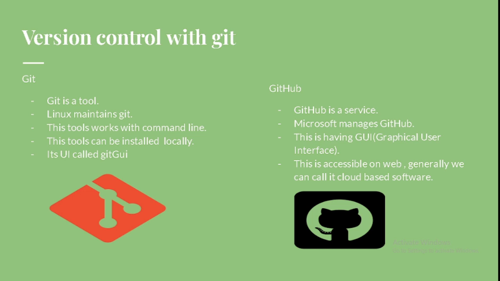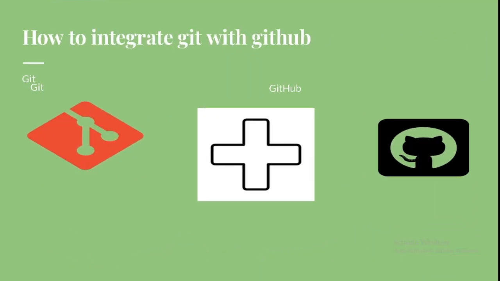Going further, as you are able to see the logos, because a picture tells more than people understand, the picture is saying that Git has its own logo and GitHub has its own logo. Now there is the integration part.